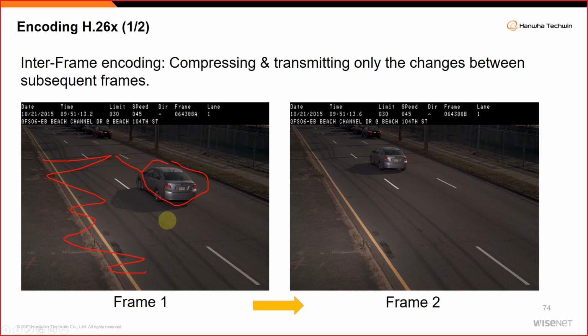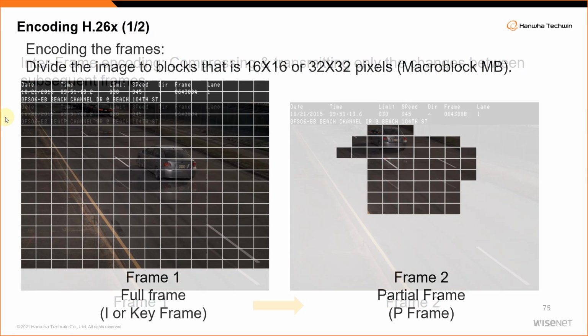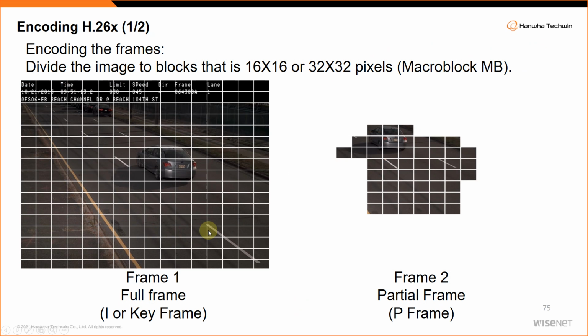Every other detail remains the same. There is no change. So the codec is like an algorithm. It looks at the scene and it decides, all right, most of the image is the same, so I will not send the redundant data. So all the redundant data will be reused, okay?